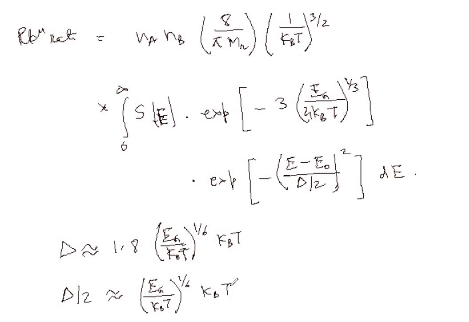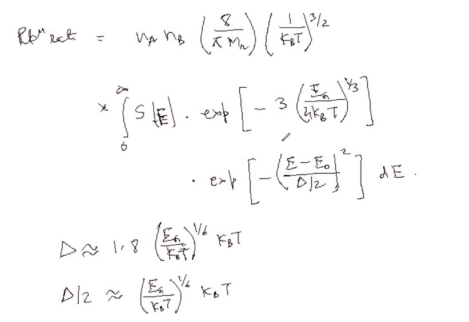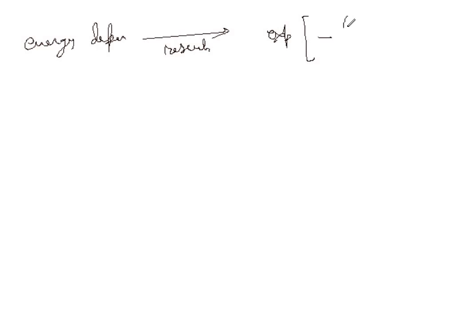Now it is important to note the energy dependence of the fusion rate here. It resembles this form: e to the power minus (x minus x average) whole square divided by twice sigma square.